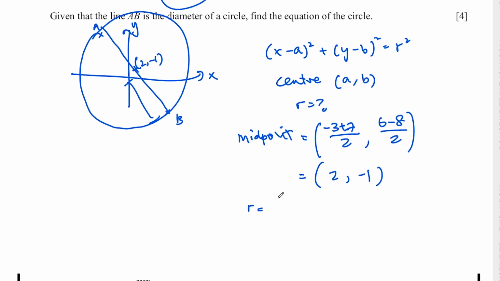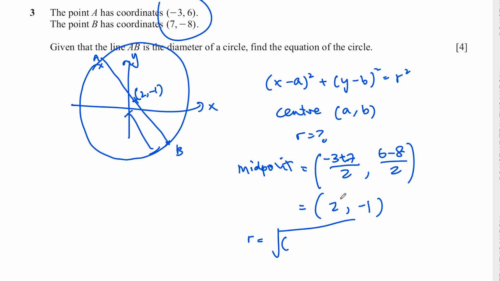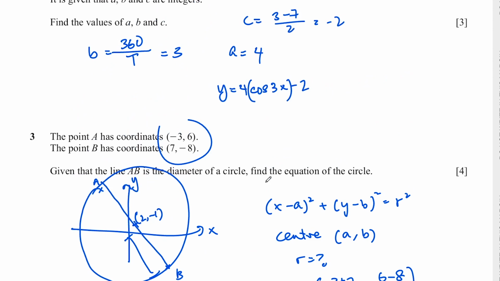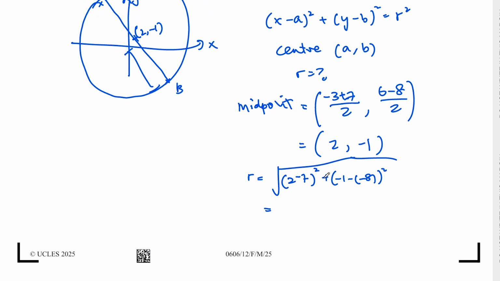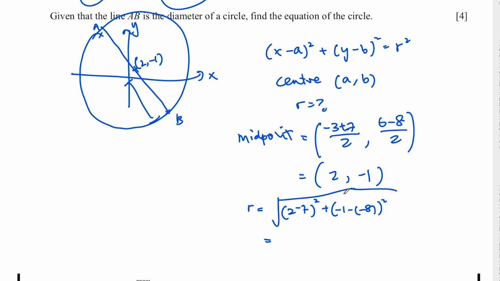Okay, so using Pythagoras, we have the x value of the center minus the x value, I'll use point B. Alright, -1 minus -8, squared. Okay, so again, without using a calculator, I try to calculate: this is 25 added together with 49, which gives 5 and 7.